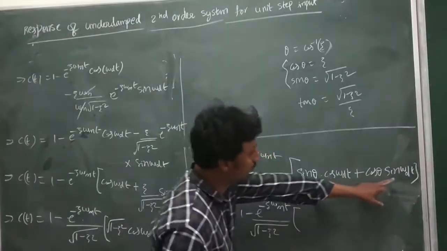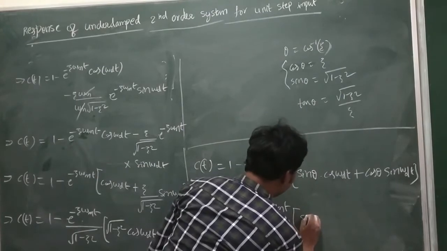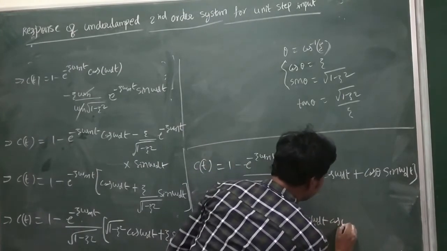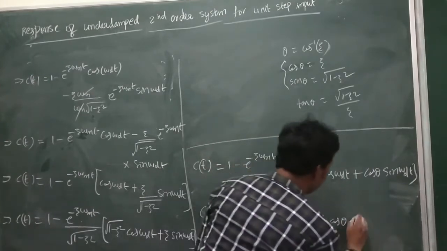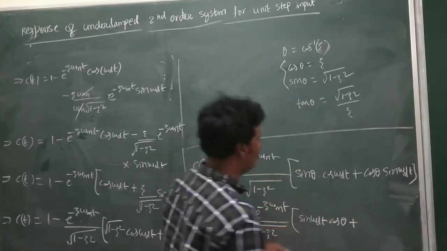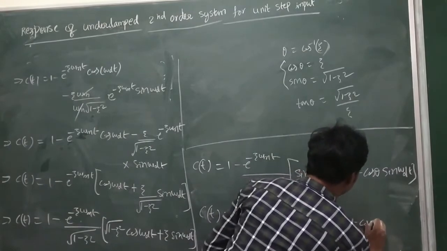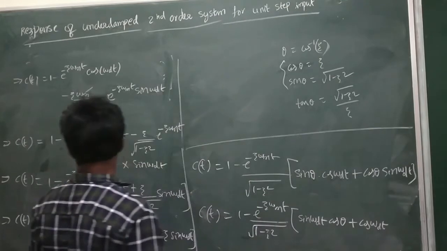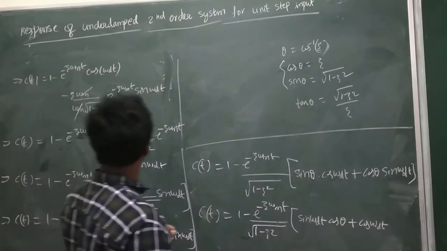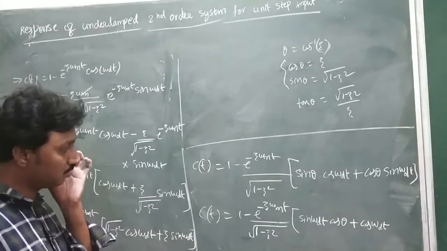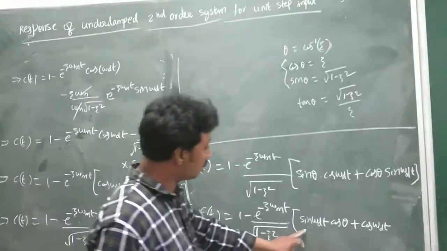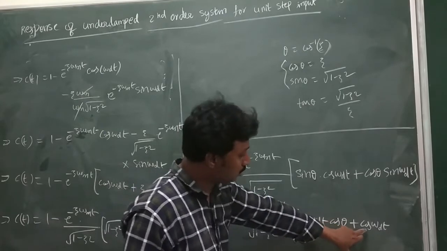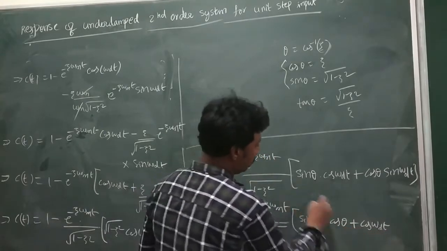So root of 1 minus zeta square you write as sin theta into cos omega d t, which is already there, right, plus zeta is equal to cos theta, then sin omega d t is already there. So I am going to write in a sequence: sin omega d t into cos theta plus cos omega d t into sin theta.